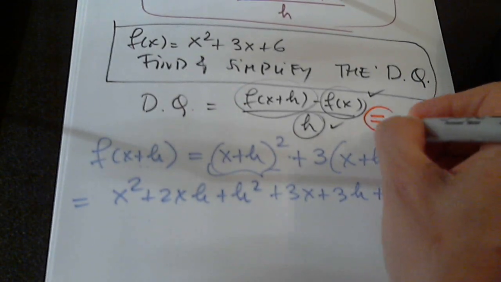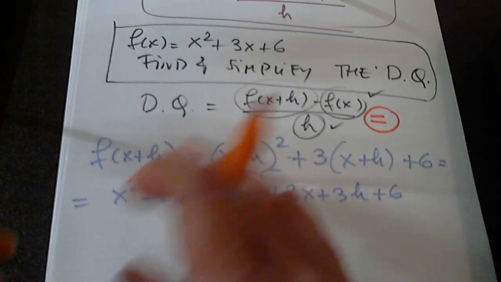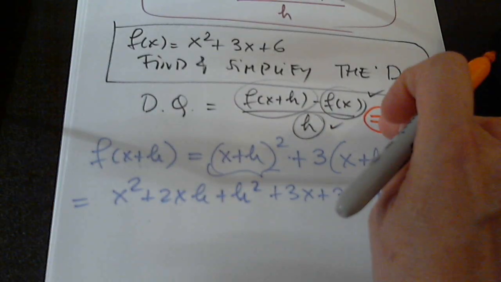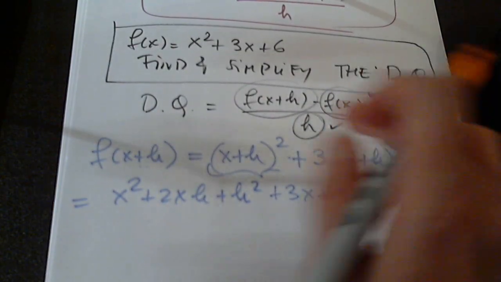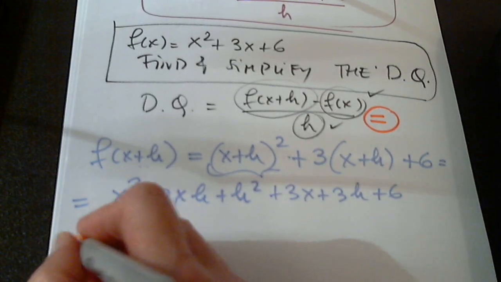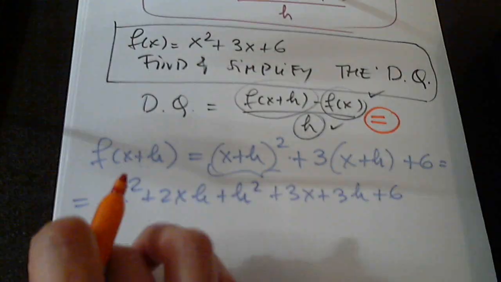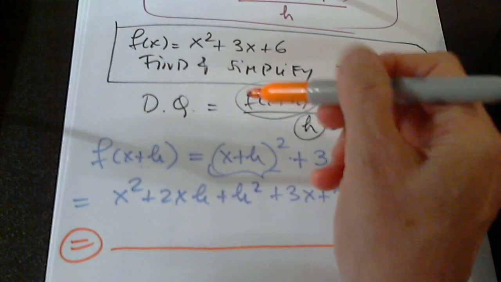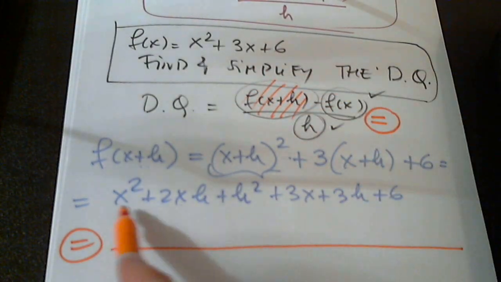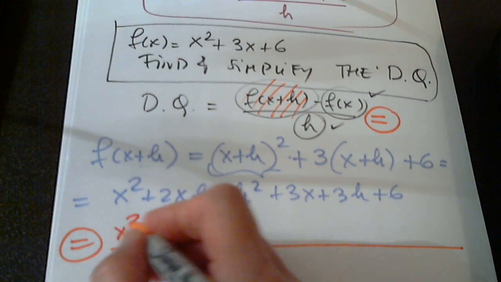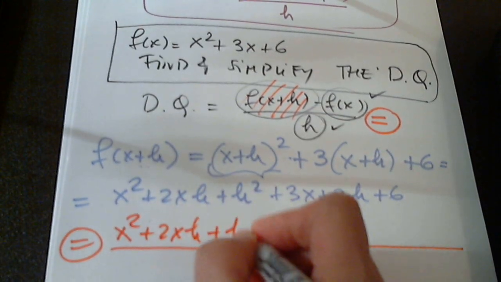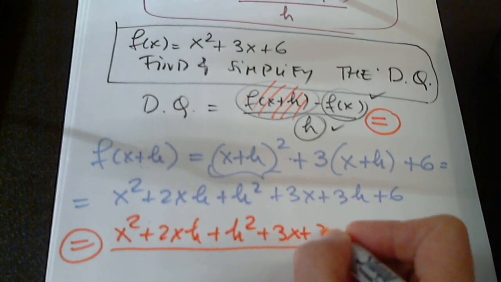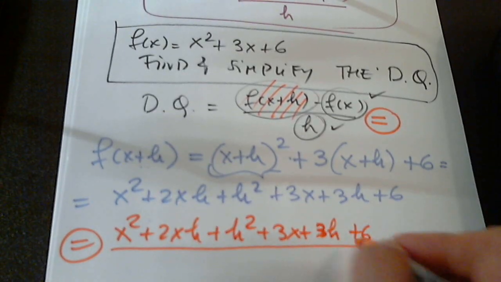Okay, perfect. So you're going to see my style. I don't want to write this again, so I'm putting the equal symbol, circling it, or putting a triangle or something else, which means jump over this and continue. Okay. So I have this piece, and I'm going to copy it: x squared plus 2xh plus h squared plus 3x plus 3h plus 6.